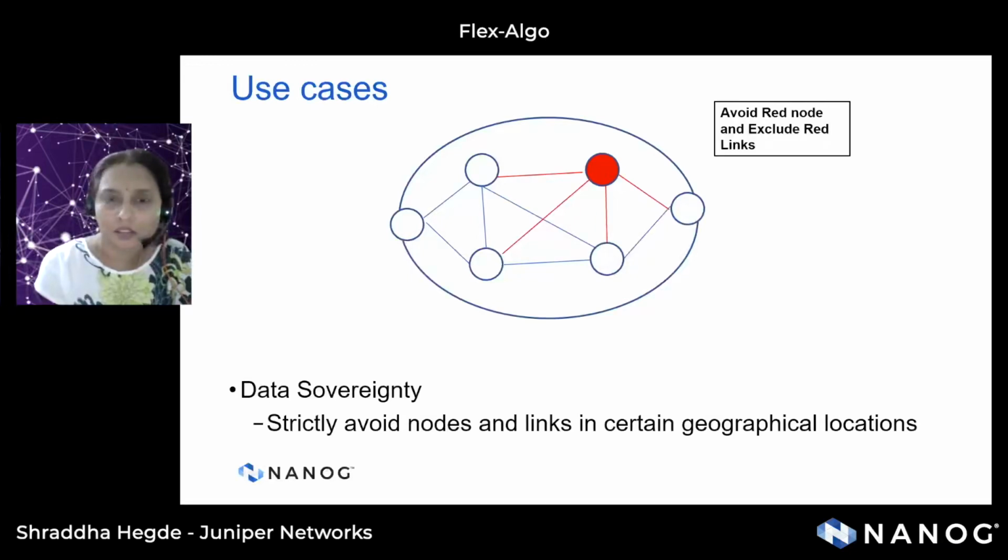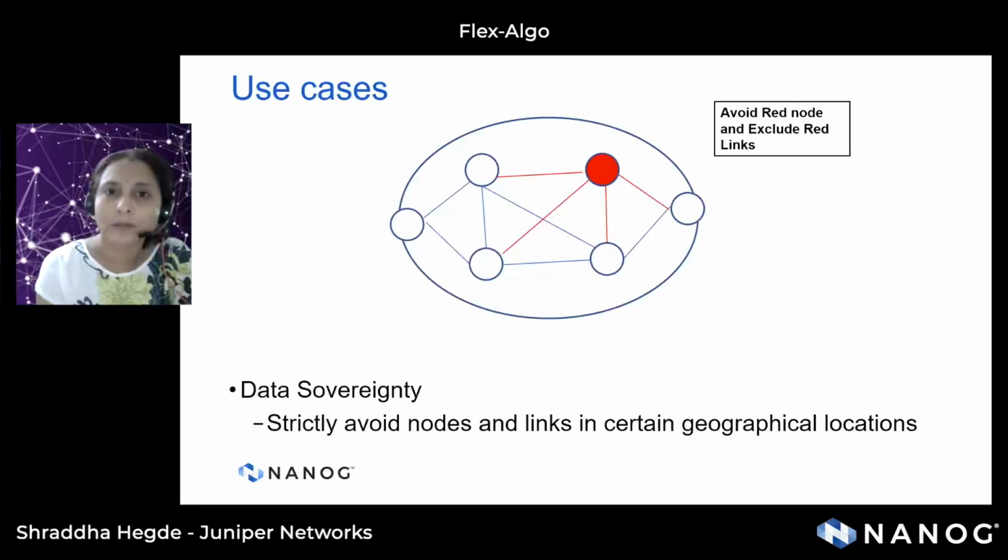And these are very strict requirements: in case of failures, or even during post failure convergence events, the traffic should never ever cross these geographical regions, and many a times these are contractual asks from the customers.